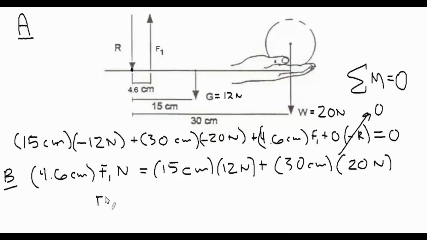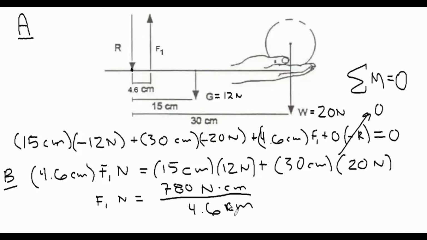So we will have F sub 1, in terms of newtons, is equal to, multiply this all out on the top, and you get 780. And the units on this are Newton centimeters. Physics 240 would be proud of me for keeping all of the units as we go through the calculations. And it's divided by 4.6 newtons, excuse me, 4.6 centimeters.